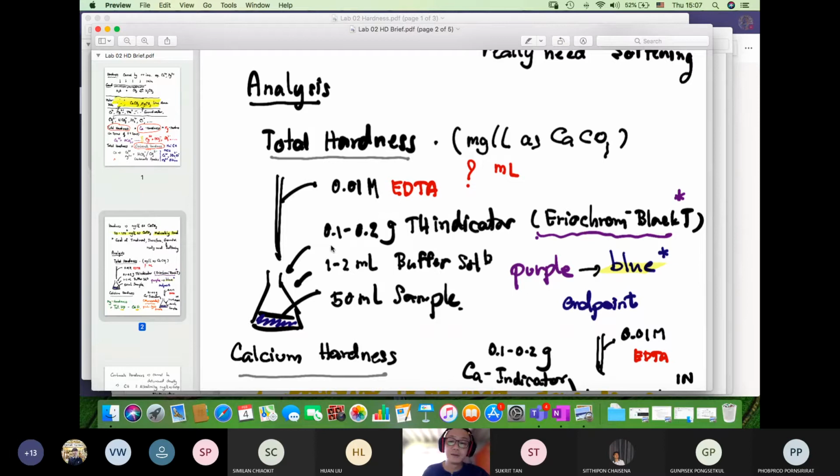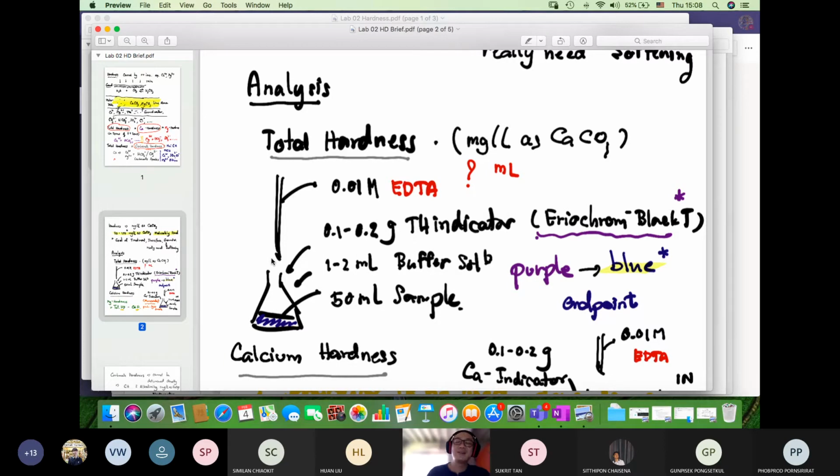In here, we still use a 50 ml sample, then add 1 to 2 ml of the buffer solution. So it's ammonium buffer. Then add Eriochrome Black T. So this one is the name of the indicator. And then titrate against 0.01 molar EDTA, ethylenediaminetetraacetic acid.